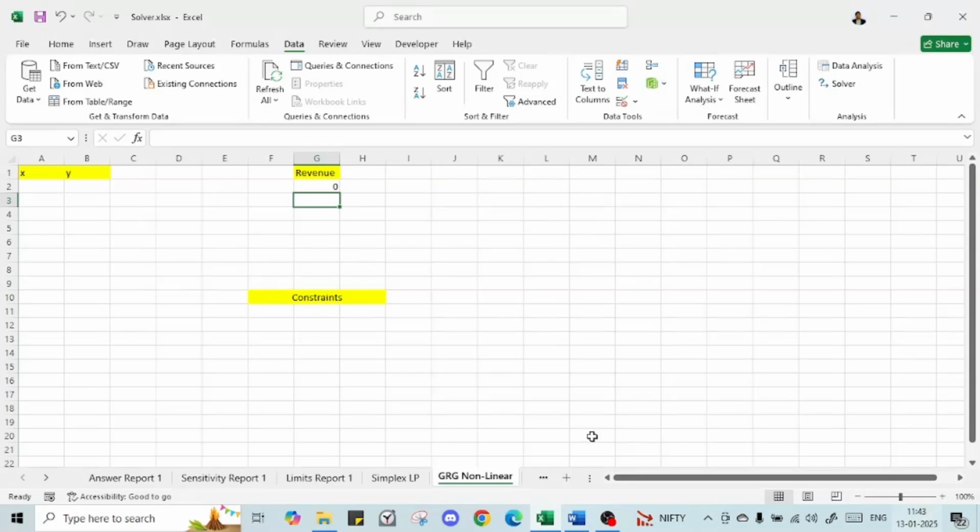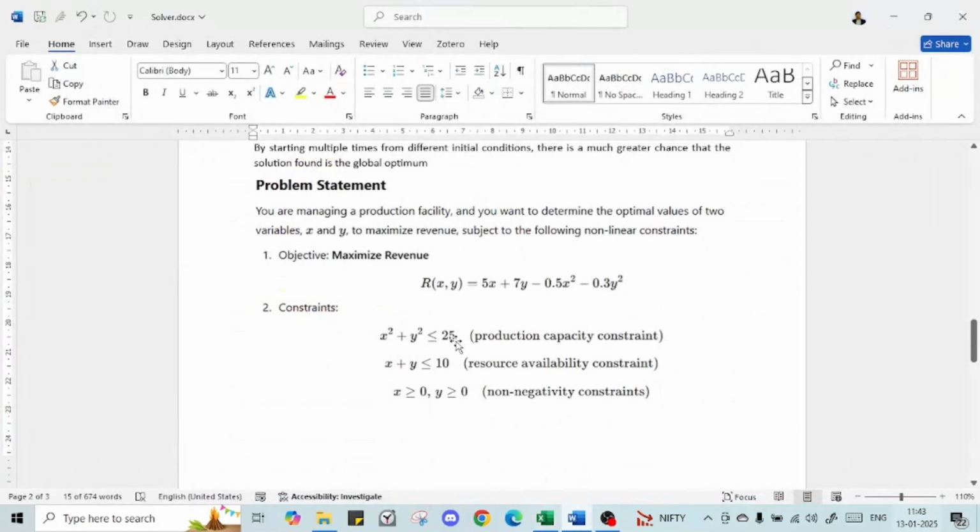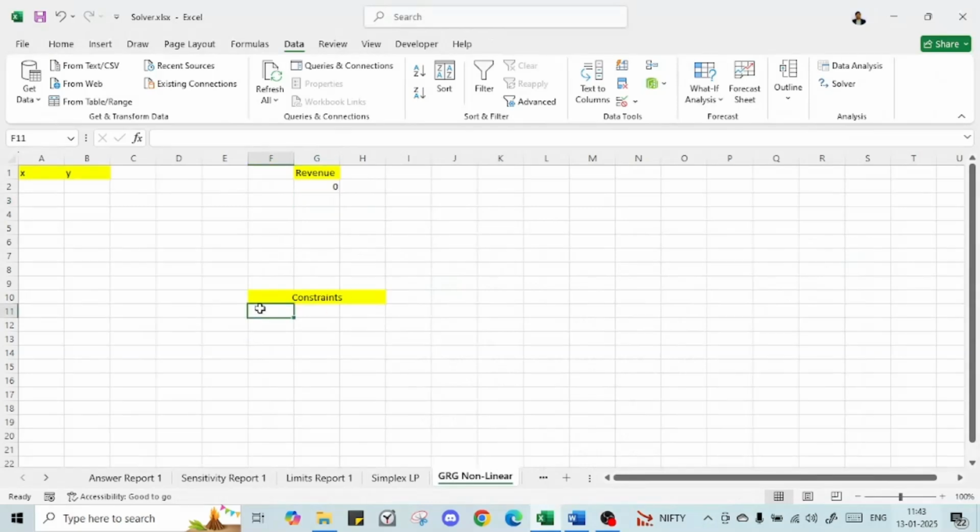And let us write the constraints here. The constraints for x and y: x square plus y square less than or equal to 25.